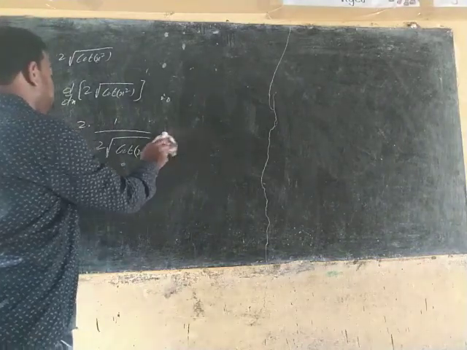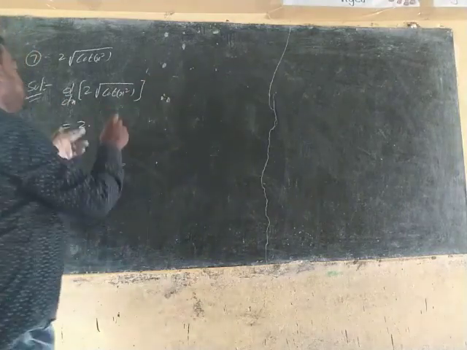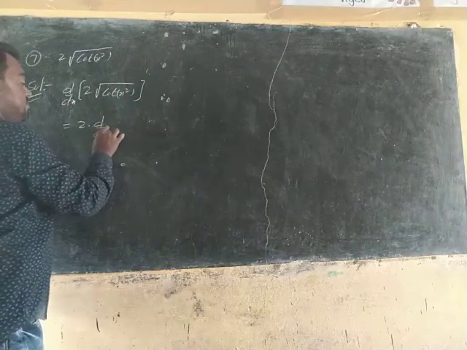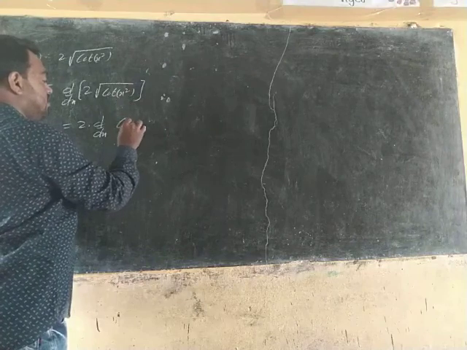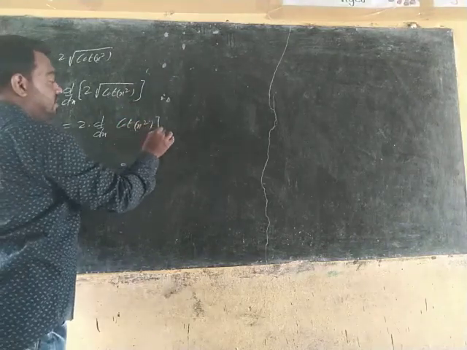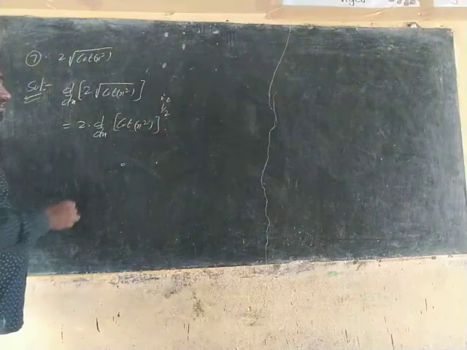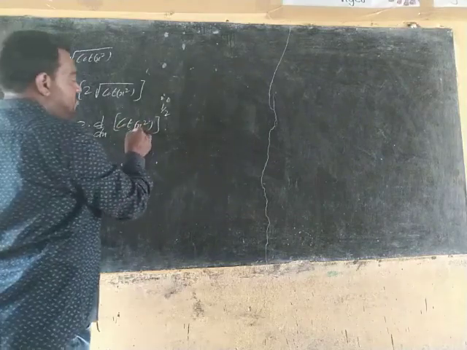This is wrong. One second. You see here, 2 as it is. So d by dx of root, nothing but square root of x. Square root of cot x square is nothing but cot x square to the power of 1 by 2. Right? Now 2 into it is in the form of x to the power of n.